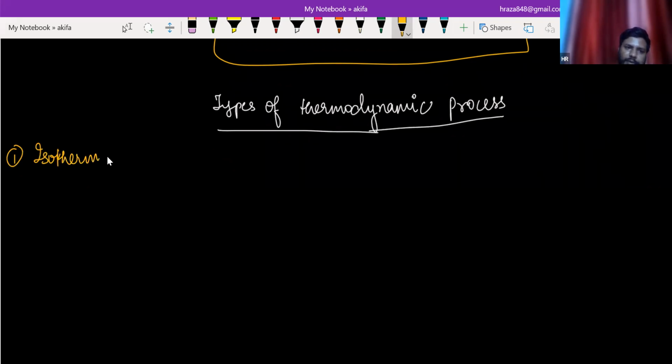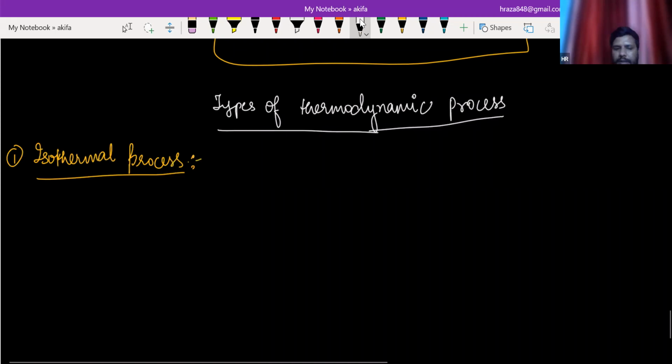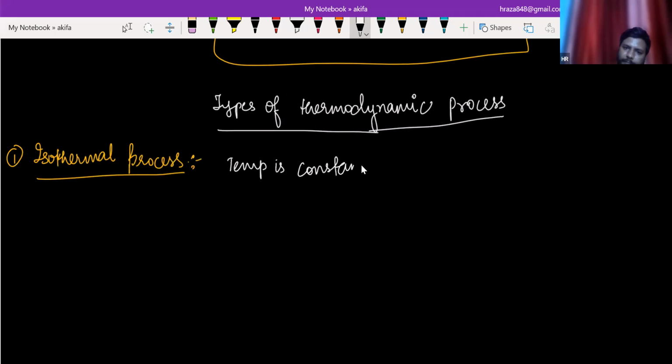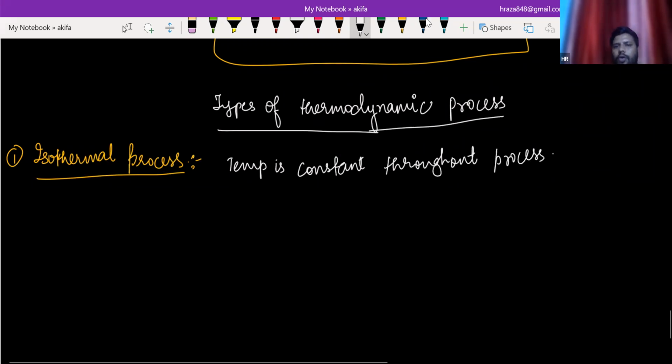Do you know what it means, isothermal process? Iso means same, thermal means heat. That means a process in which temperature is constant throughout the process.